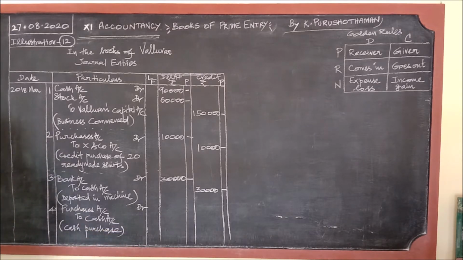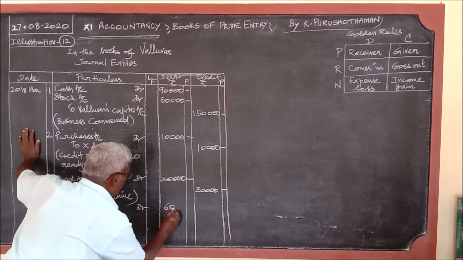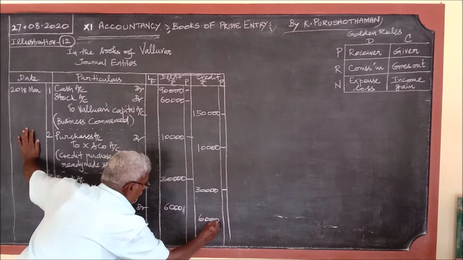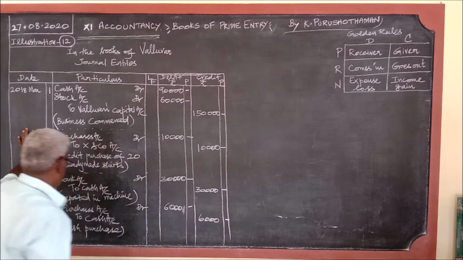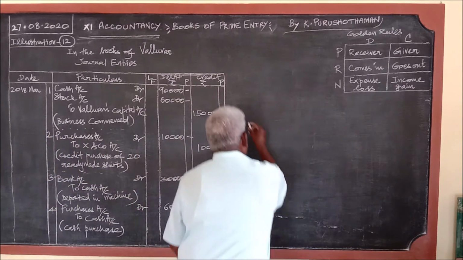The amount here is 6,000. We shall continue the other journal entries now.